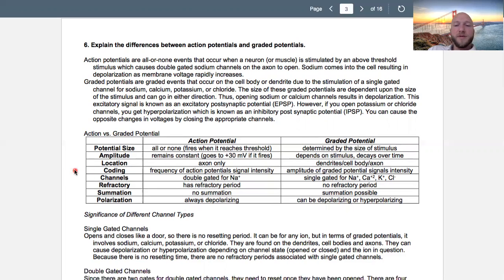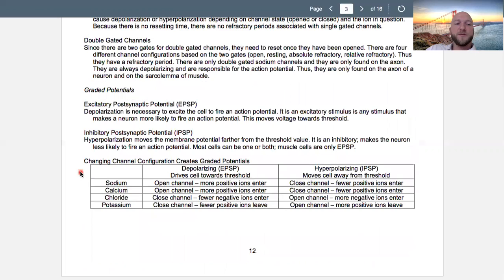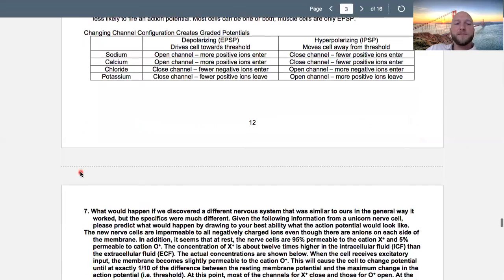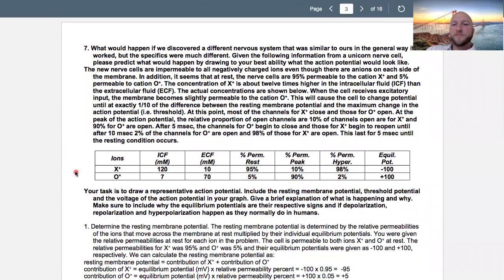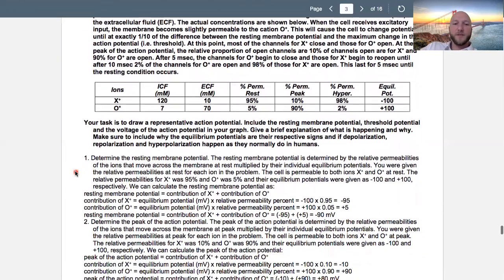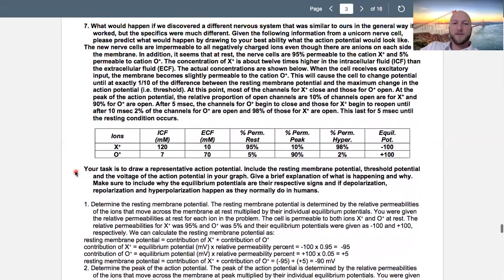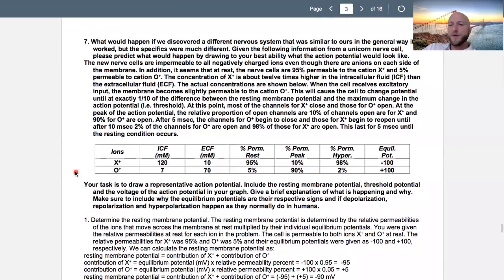You should be able to explain the differences between action potentials and graded potentials for the exam. For the hypothetical cell questions, I'm not going to work through this step by step, because I feel like this explanation really takes you point by point.